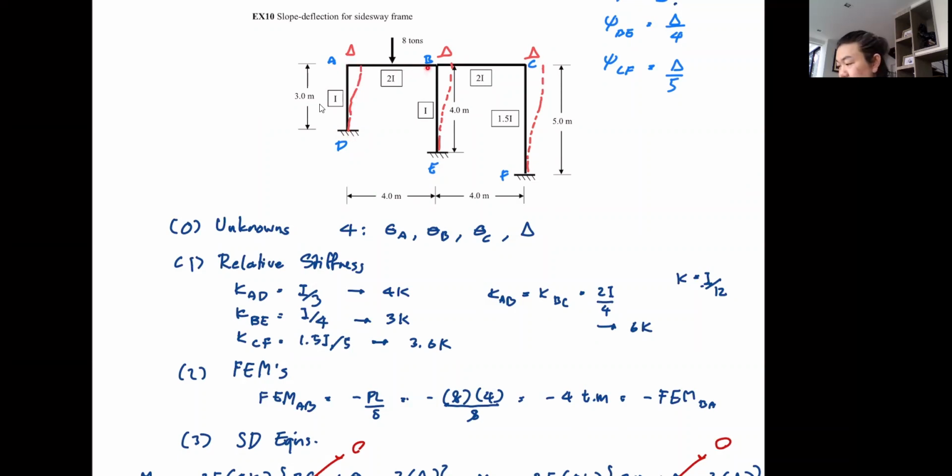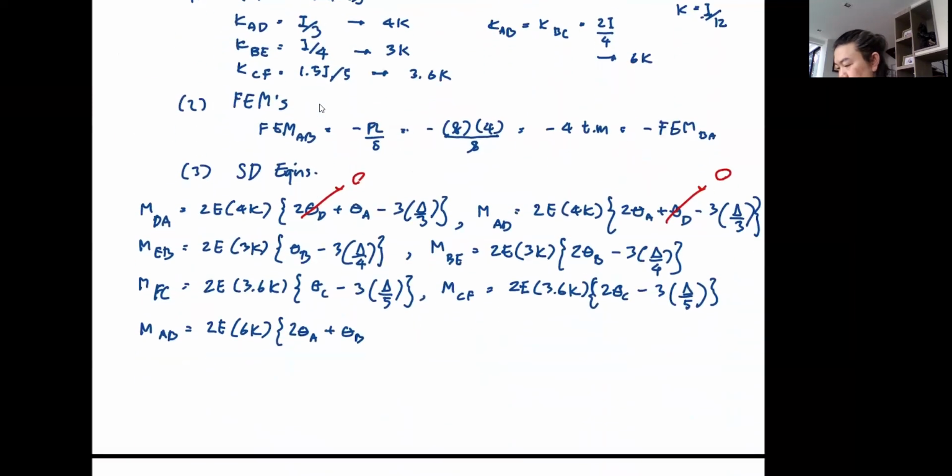But AB, the member AB and BC, they're supposed to stay flat. So this is one of the very common mistakes that students make. That is thinking that AB will have the joint displacement. Okay, AB stay flat. So yes, they move, but they move in the direction that they will not have moment. So let's say when you have a member like this, then you move it to the side, you don't have moment due to that movement, correct? So MAB, you don't have that term, but you do have the fixed end moment equal to -4.